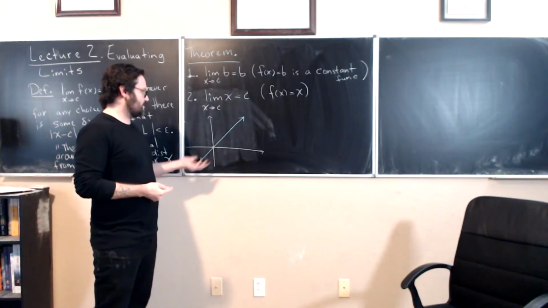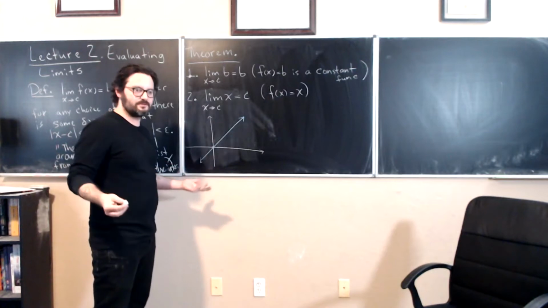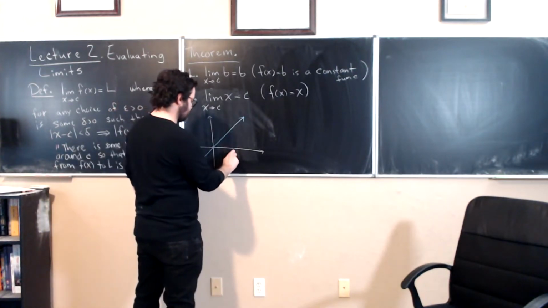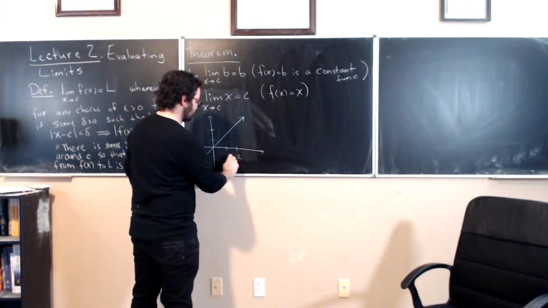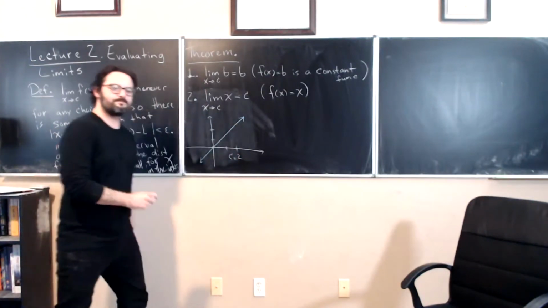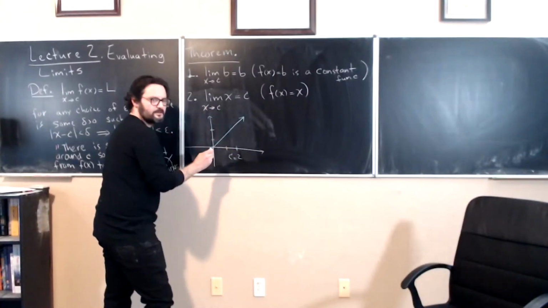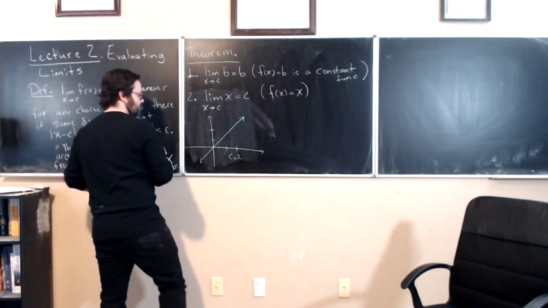Now, again, if we want to know the behavior of that function as x approaches some value, it's really simple, right? Take, for example, 2. Right, so what if c is equal to 2? Well, as we start heading that way, I'll maybe use like green or something.